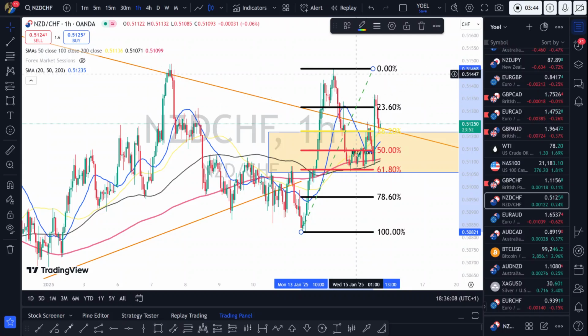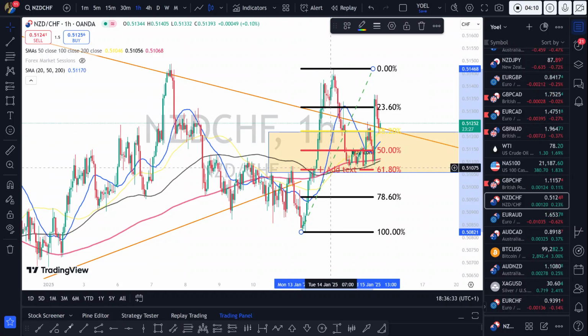Now on the Fibonacci retracement, you have 0, 23%, 38%, 50%, and 61%. Some people use the 23%, but I don't know how to use it. I prefer to use between 38 and 61. So anytime I use my Fibonacci retracement, I mark out that area, 38 and 61.